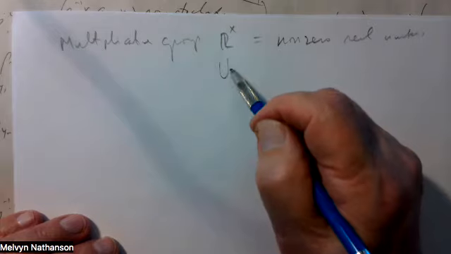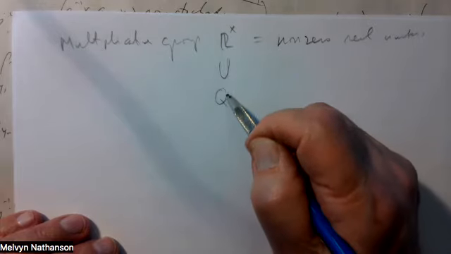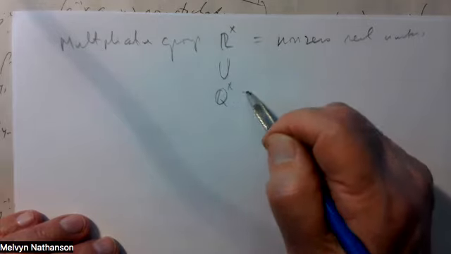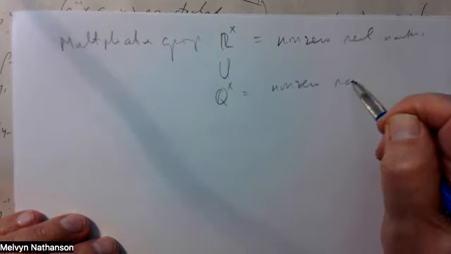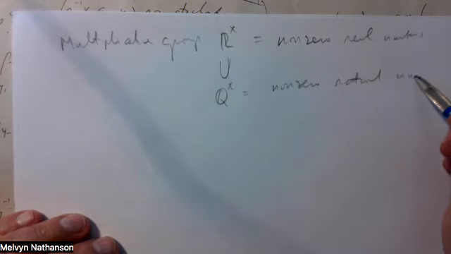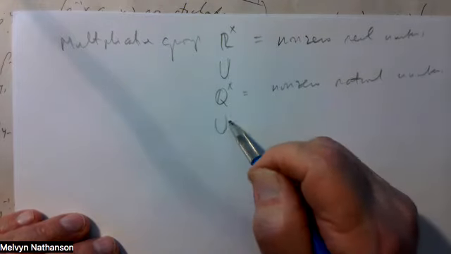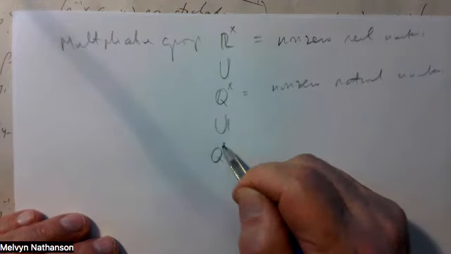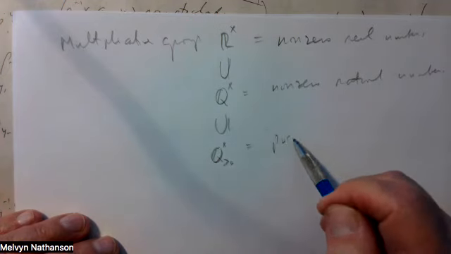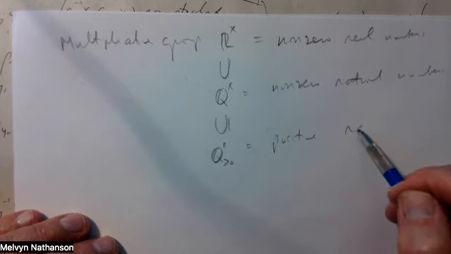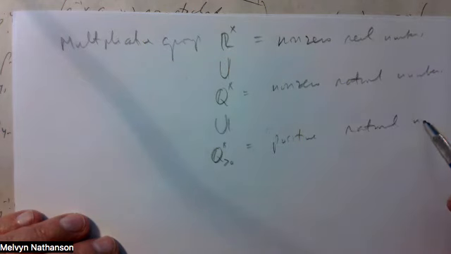And contained in that is the group Q star, which is the non-zero rational numbers. And contained in that is, for example, Q star greater than 0, the strictly positive rational numbers.